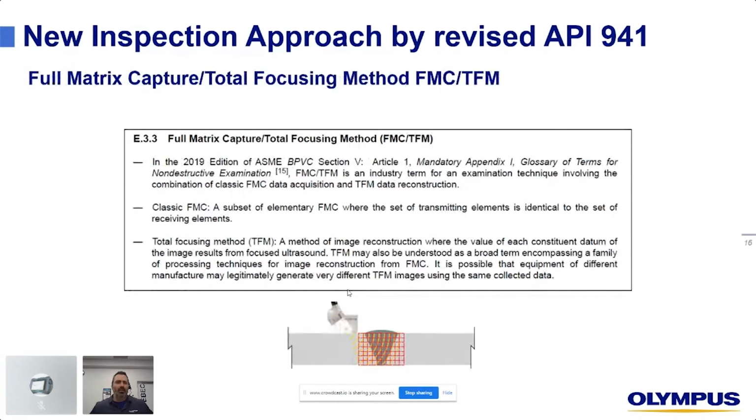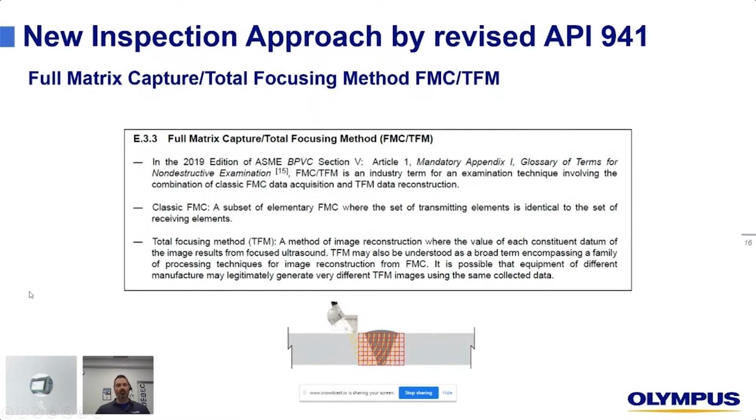Full matrix capture, TFM, this is the latest in those ultrasound technologies. More and more people are getting familiar with this method. The main advantage of TFM over phased array is going to be the quality of the image, the truthfulness of the representation compared to what's actually in the part.